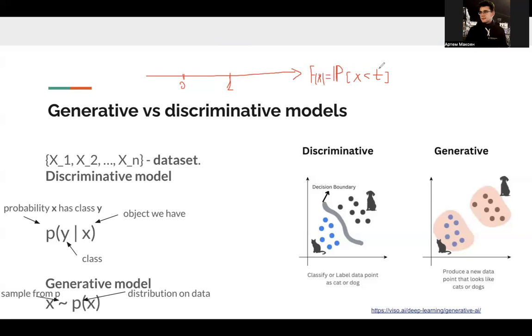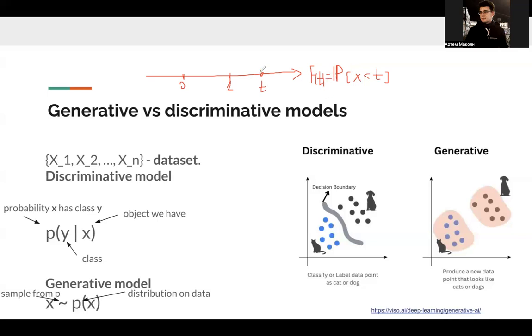The value of this function is the probability of a random number to be less than t. Oh, sorry, not f of x, but f of t. So if we take t, we know that a random number will be below it with probability f of t.